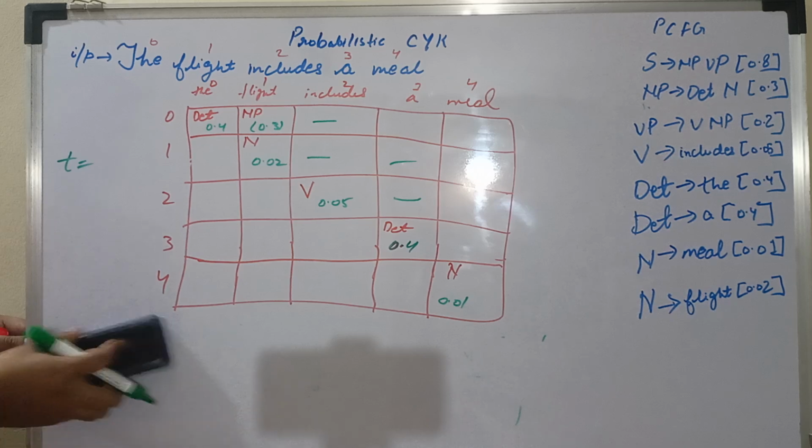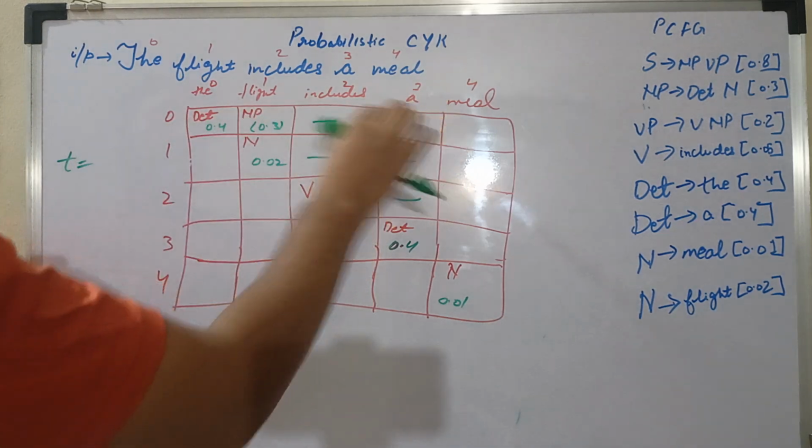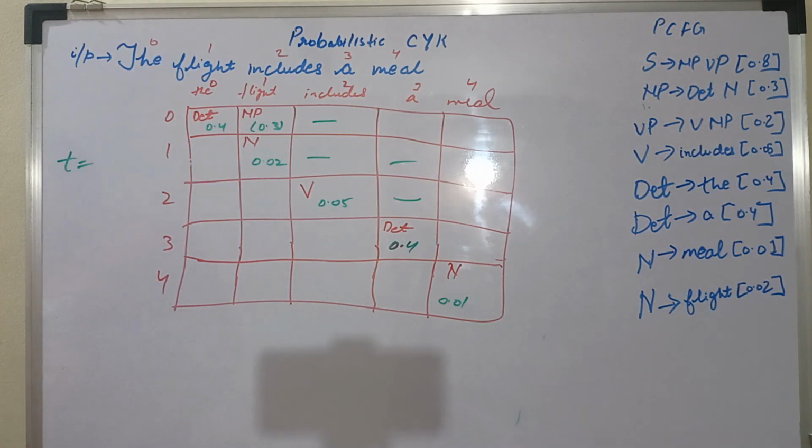Okay, now similarly we will calculate T03 by the same rules. We have indexes 0 1 2 3. Since on the right hand side of every production rule we can have only two non-terminals, the maximum we can combine is to split it into two parts: 0 and then 1 2 3 together, 0 1 and 2 3 together, or 0 1 2 and 3 alone.